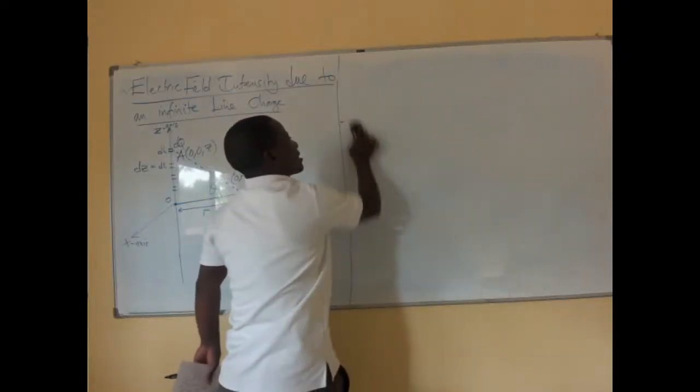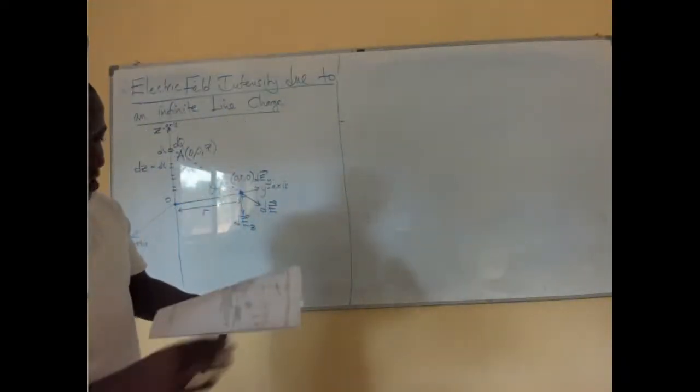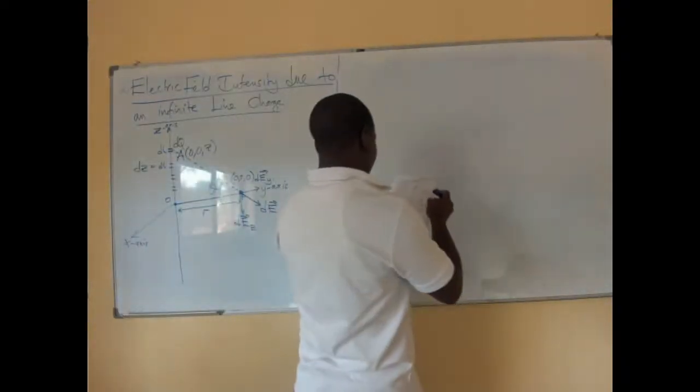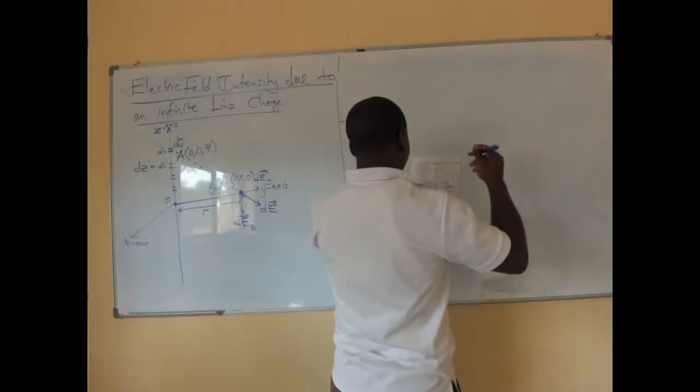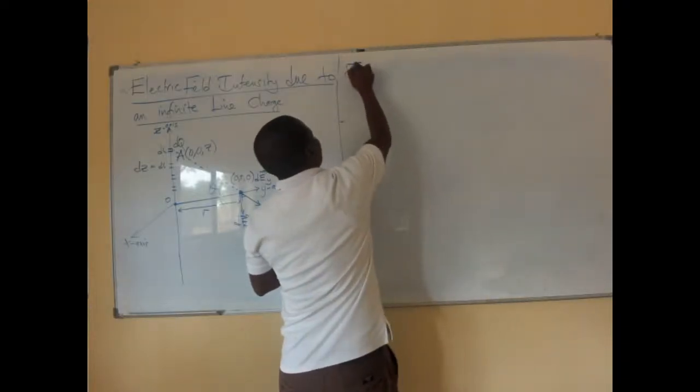Now I want to pick a small triangle. We get this from our figure.